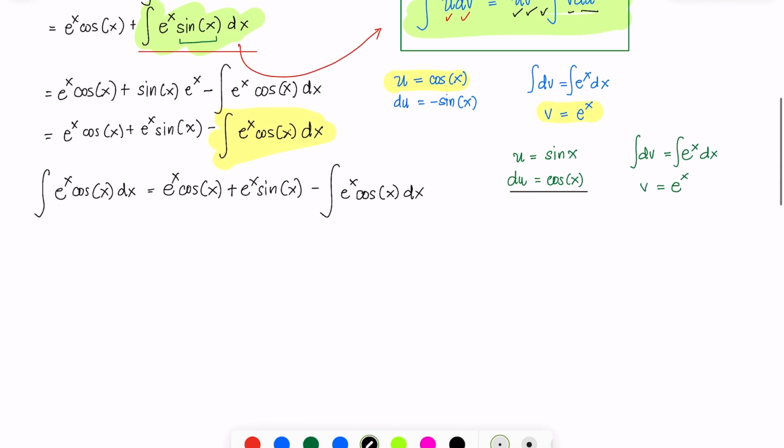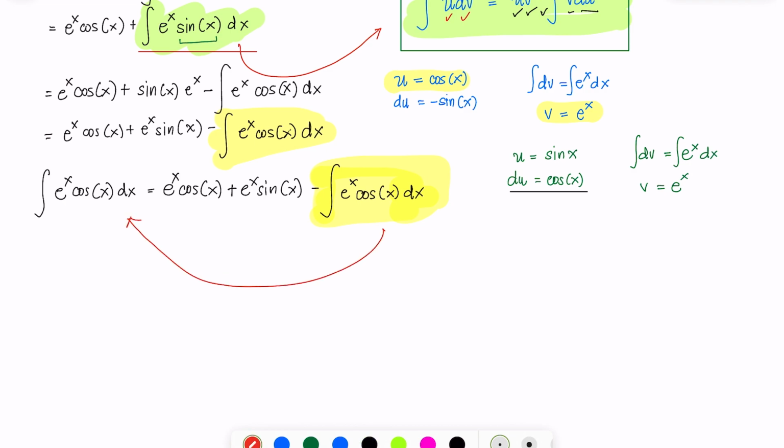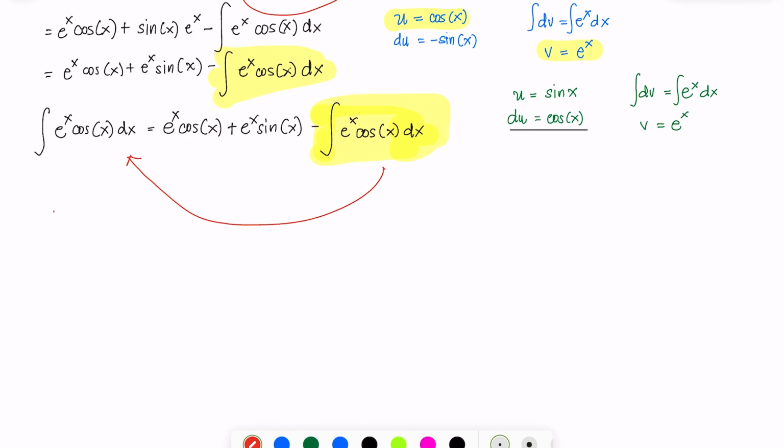I can actually take this section of my expression here and move it to the other side. So when I do that, I will get the integral of e to the x cosine of x dx. I have a negative, so when that's transposed to the other side, that will become plus the integral of e to the x cosine of x dx. And everything that remains, I will factor out e to the x.